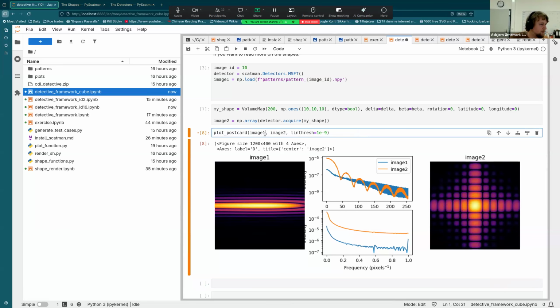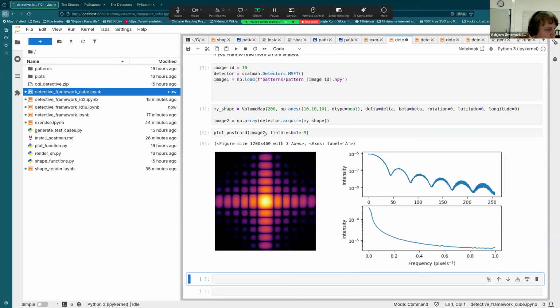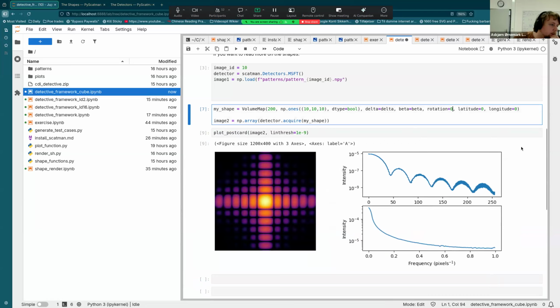We don't have this other image. So, yeah, and then if we want to take a look, this would be the cube. If I'm guessing right, this will only rotate it. I guess we will see.